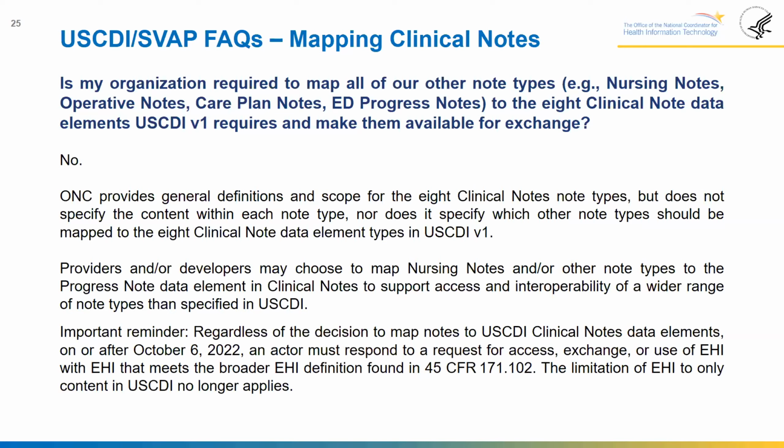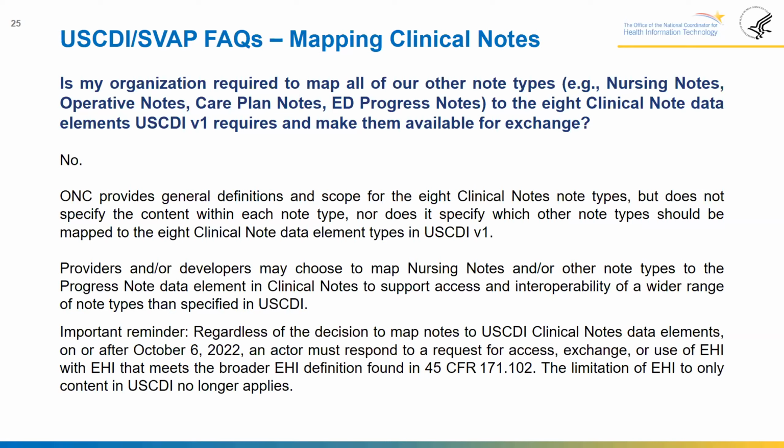So for example, providers or developers may choose to map nursing notes or other note types to the progress note because of the way progress notes have been defined and how ONC defines it within that standard, as including content recorded by physicians, nurses, consultants, and therapists. That's our definition.